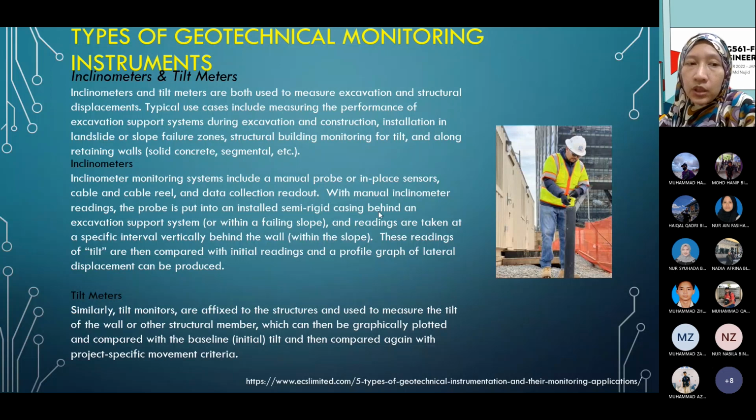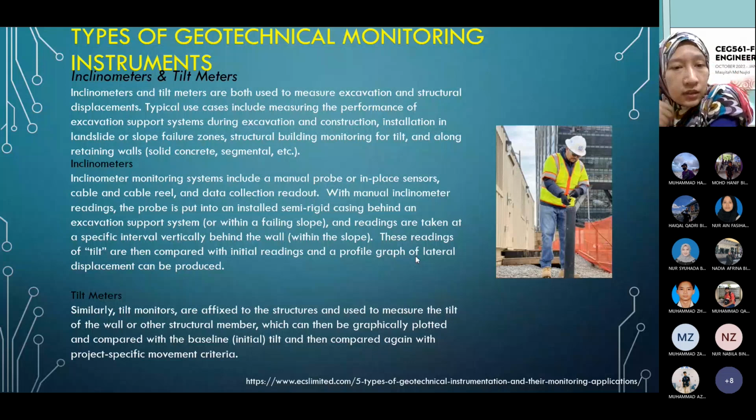With manual inclinometer readings, the probe is put into an installed semi-rigid casing behind an excavation support system, and the readings are taken at a specific vertical interval behind the wall or within the slope. These tilt readings are then compared with initial readings, and a profile graph of lateral displacement can be produced.